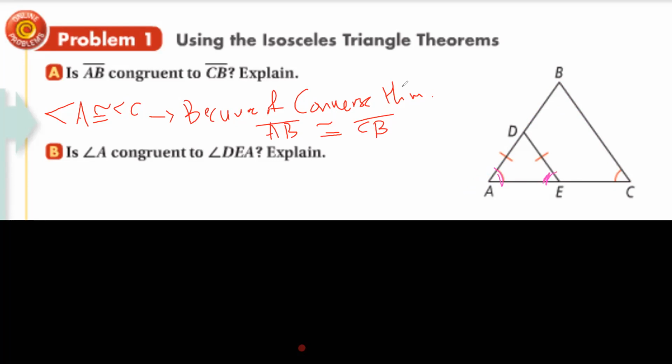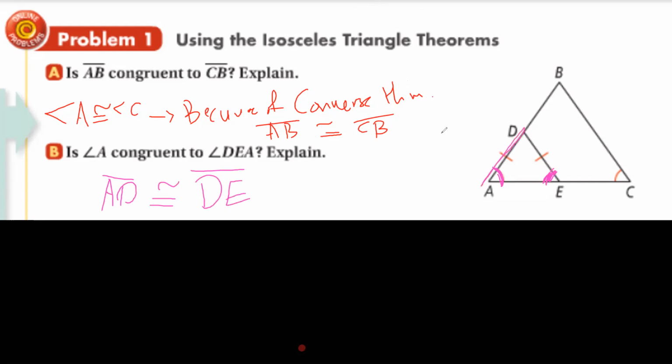Yes, because side AD is congruent with side DE.